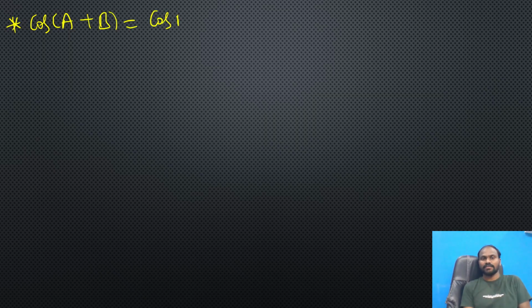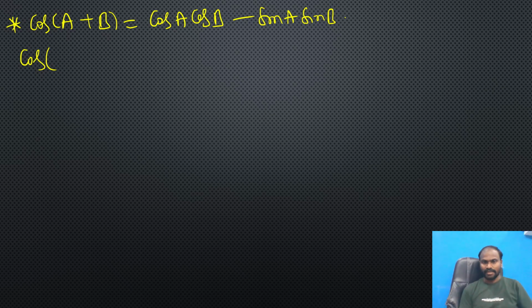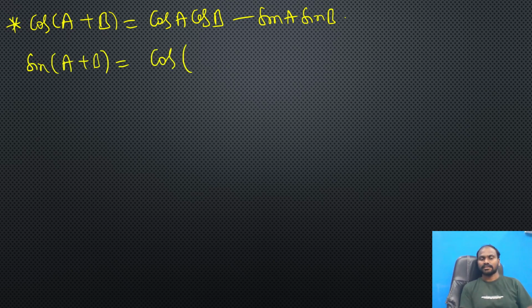Similarly, we can write the formula for sin of A plus B also. Since cos of A plus B is equal to cos A cos B minus sin A sin B, now to get sin of A plus B, what I can do is write sin theta as cos of 90 minus theta, right students?